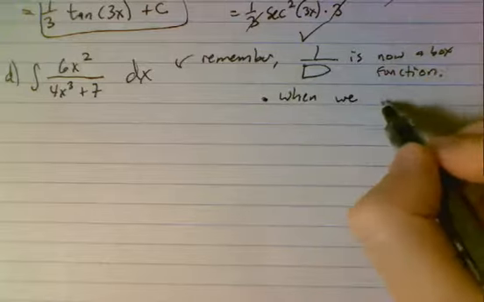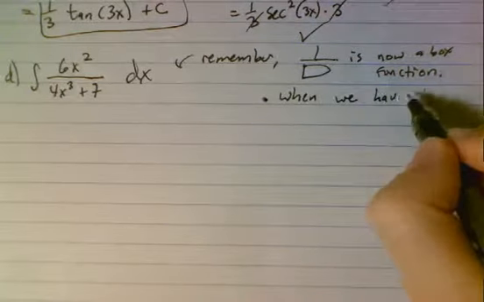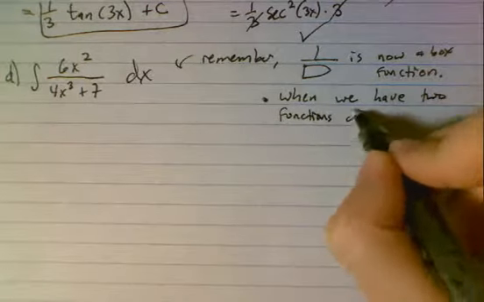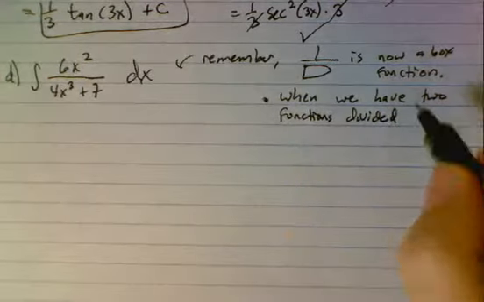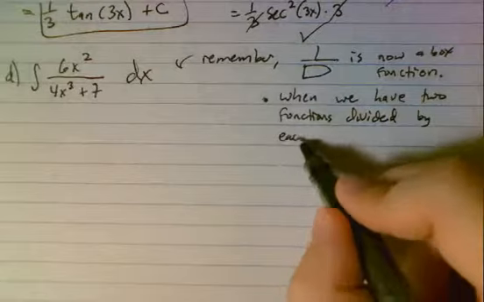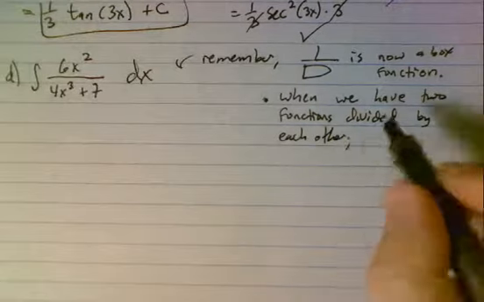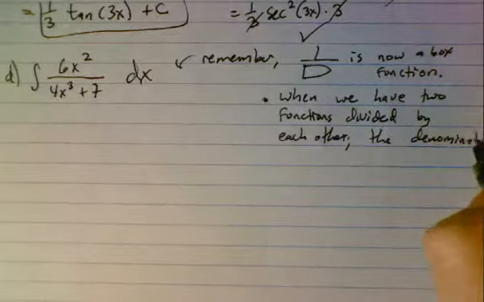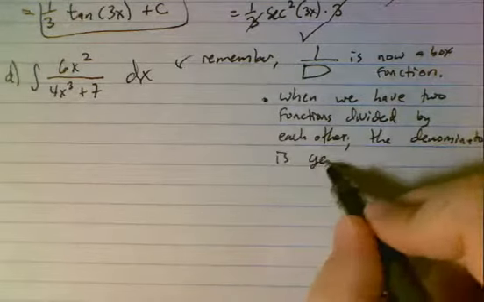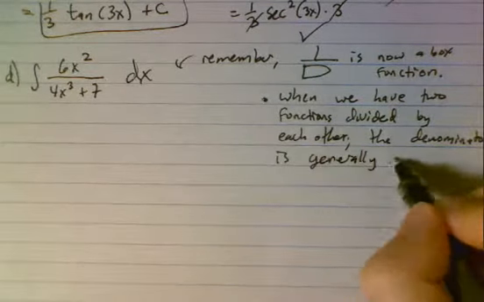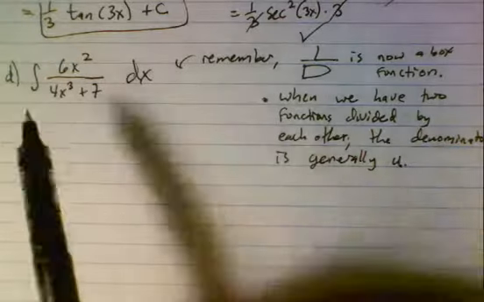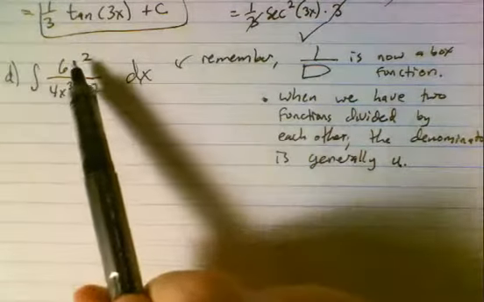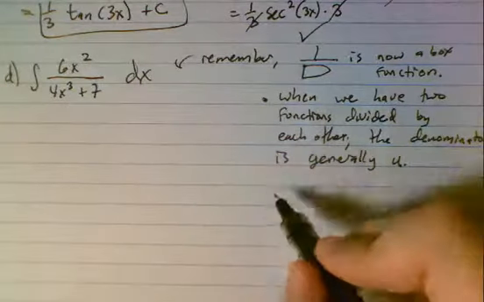When we have two functions divided by each other, the denominator is generally u. In order for this to work, this exponent needs to be 1 bigger than this exponent, however.